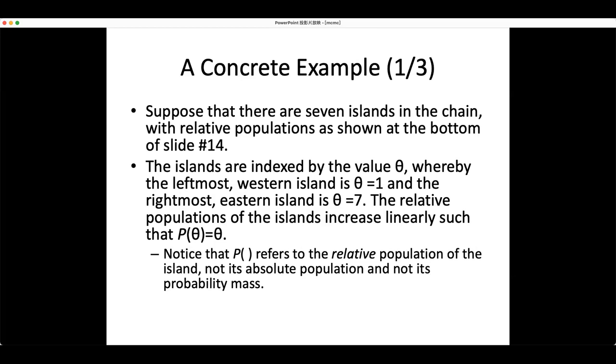We have 7 islands, right? So let's number these islands from 1 to 7.